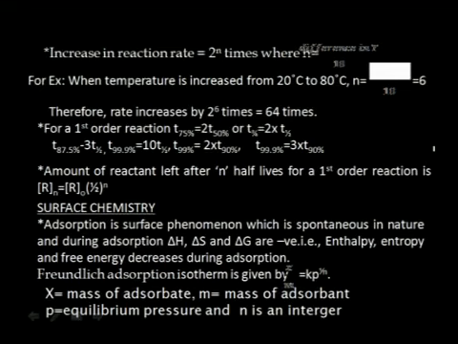When you plot a graph of log K versus 1 by T, you get a straight line whose slope is equal to minus Ea by 2.303 R.